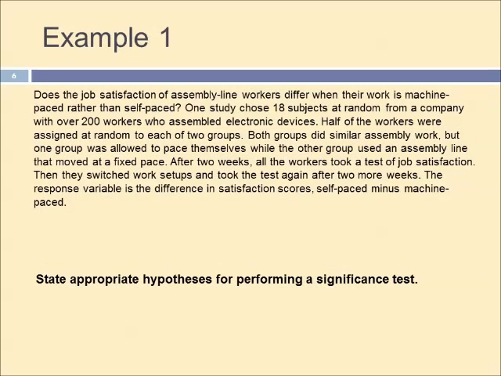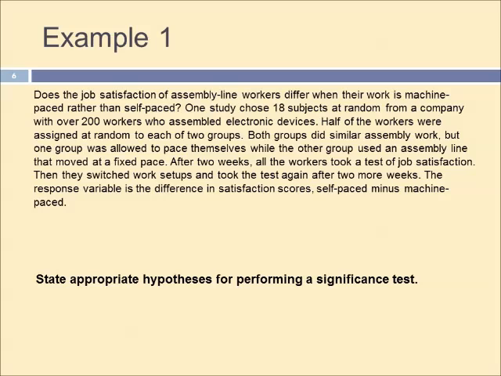So here's an example. Does the job satisfaction of assembly line workers differ when their work is machine-paced rather than self-paced? One study chose 18 subjects at random from a company with over 200 workers who assembled electronic devices. Half of the workers were assigned at random to each of two groups.